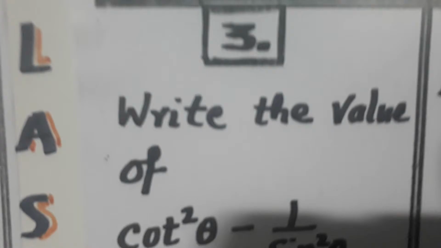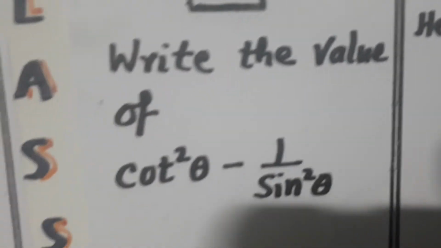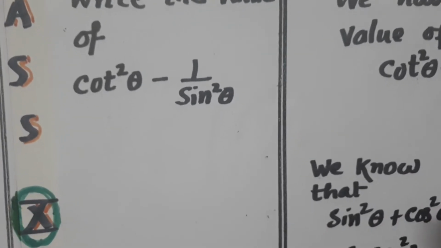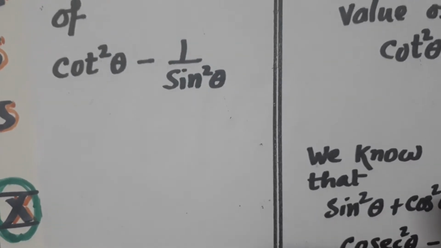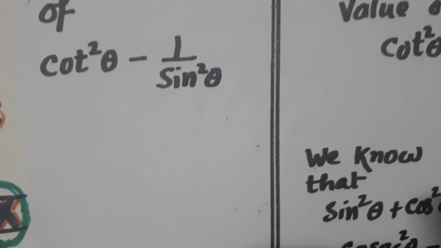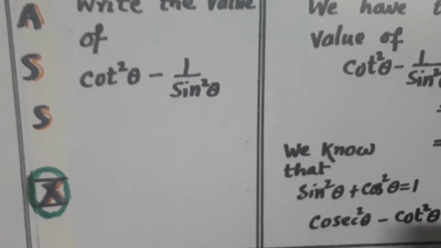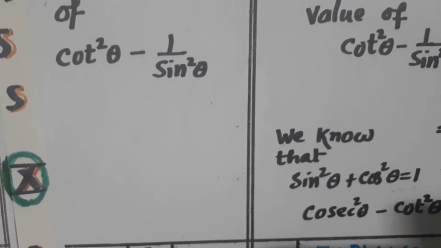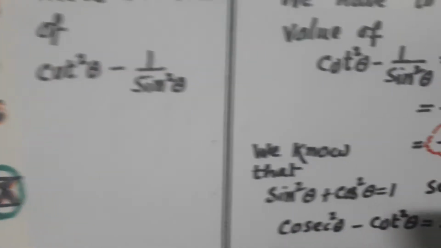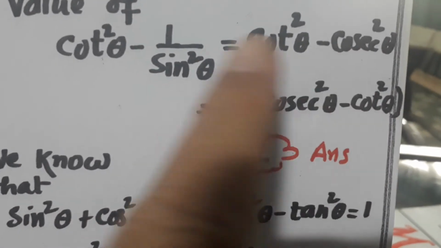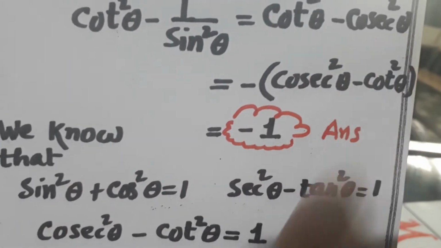Now question number 3. Write the value of cot square theta minus 1 over sin square theta. Now you know 1 over sin square theta is cosecant square theta.